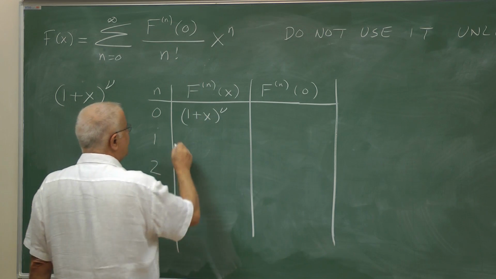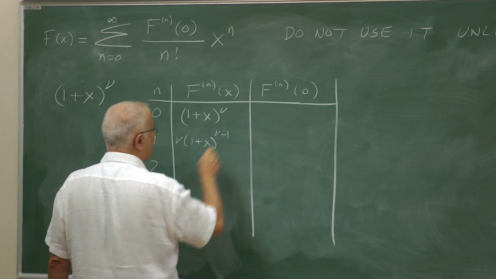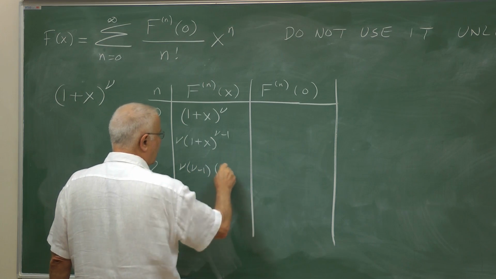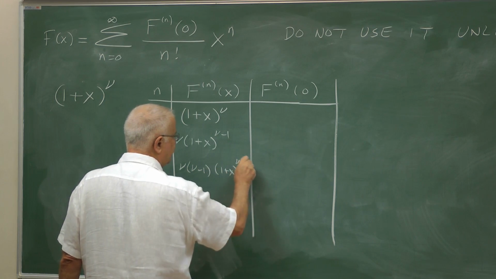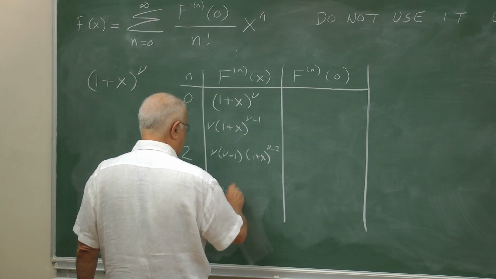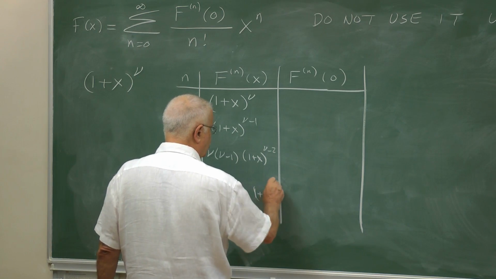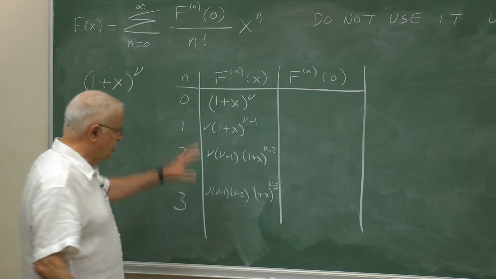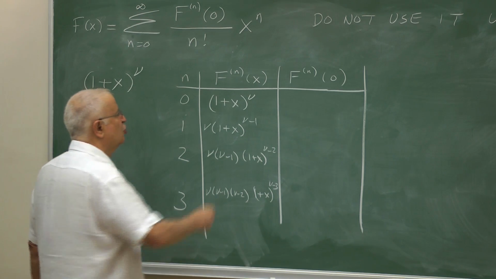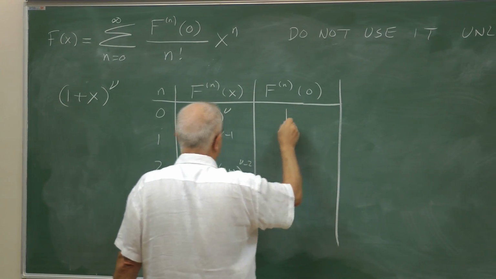What about its first derivative? Nu times 1 plus x to the nu minus 1. Another derivative, nu minus 1, 1 plus x to the nu minus 2. Another derivative, nu minus 1, nu minus 2, 1 plus x to nu minus 3. Getting uglier and uglier. But no problem, when I set x equals to 0, 1 to any power is 1.